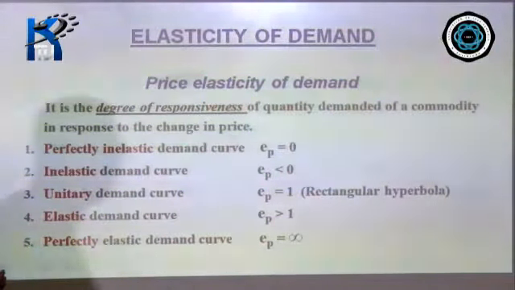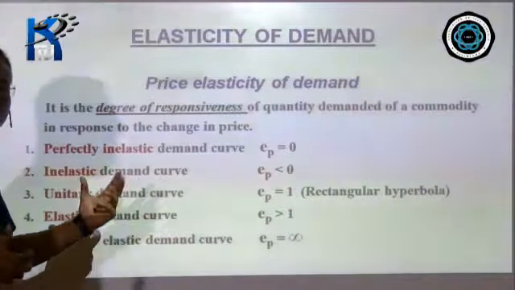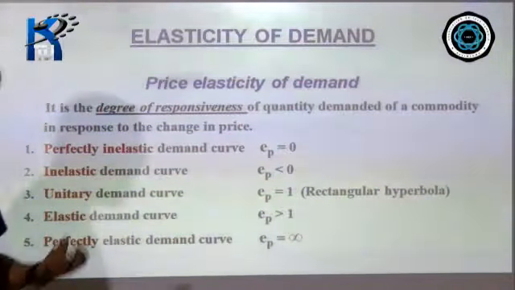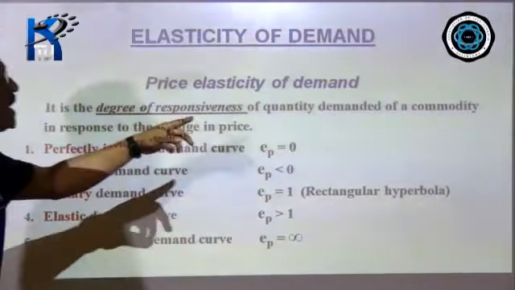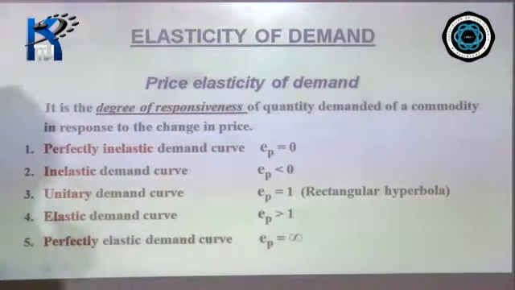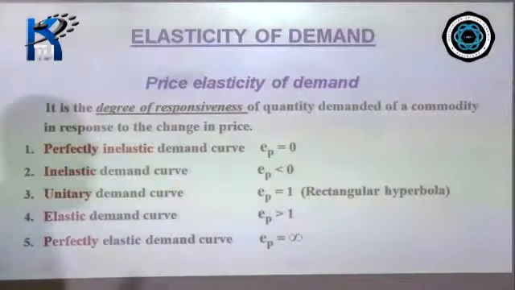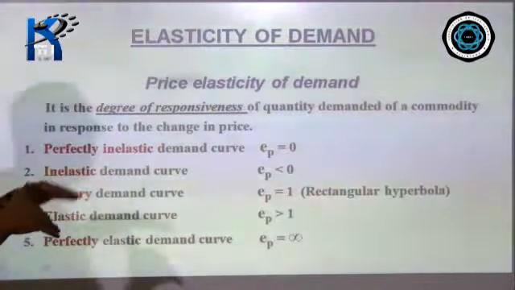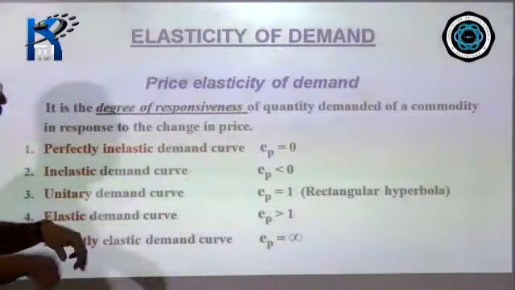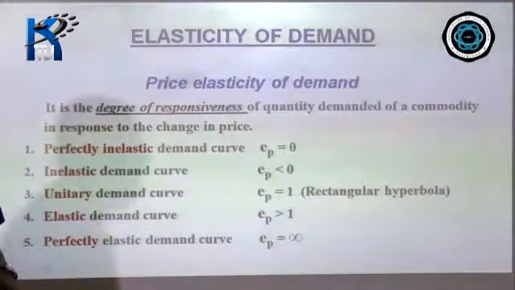So with necessity goods, if the price of salt decreases by almost 50%, the quantity demanded won't increase by 50%. It may increase by 5%. So the quantity demanded will not change much on necessity goods, which means there are goods where even if the price changes drastically, the demand will not change much.